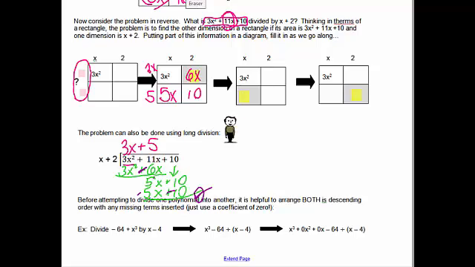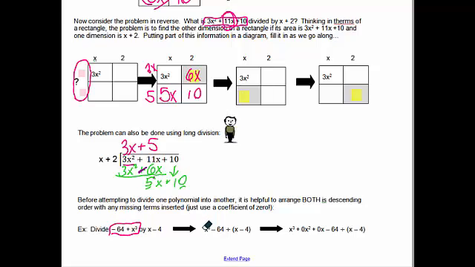Now there is a little tip at the bottom here, and if we read that together: before attempting to divide one polynomial into another, it is helpful to arrange both in descending order, and then if there are missing terms, use a coefficient of 0. This is going to be very helpful when you're dividing something like negative 64 plus x to the third by x minus 4.